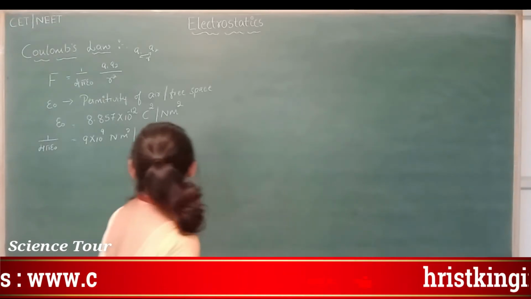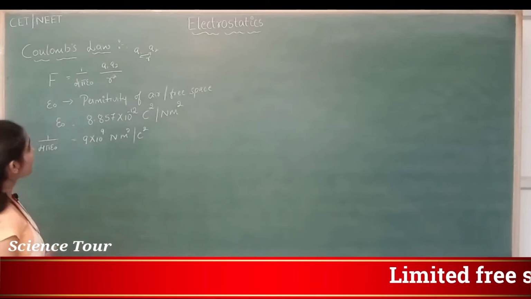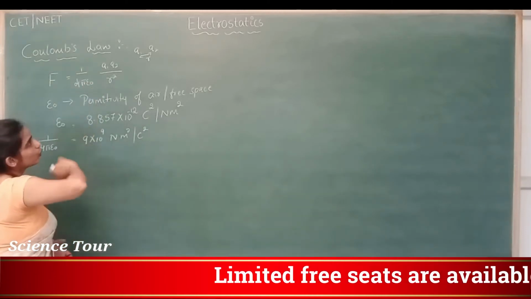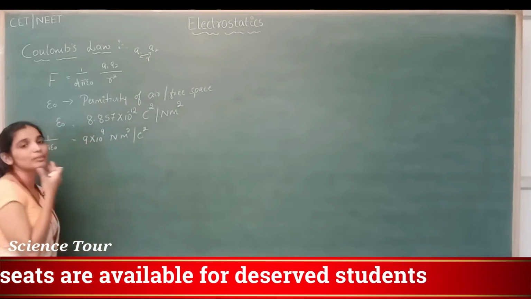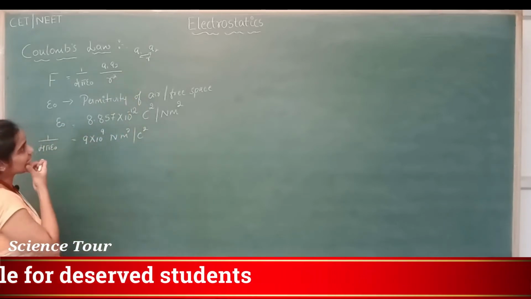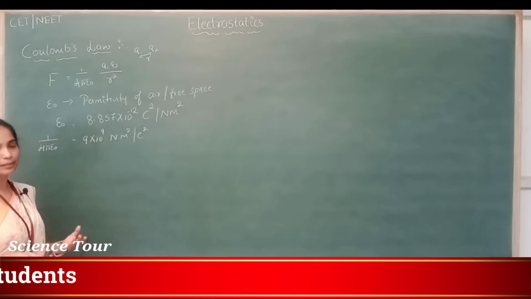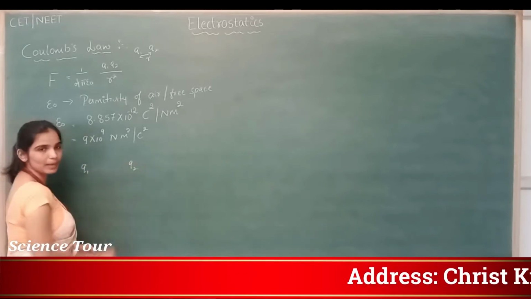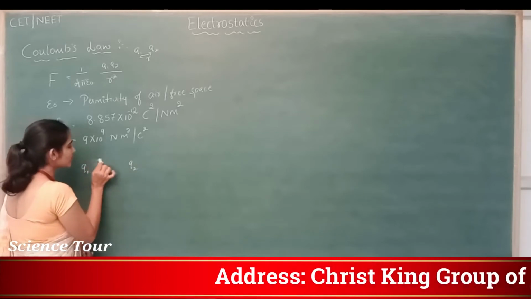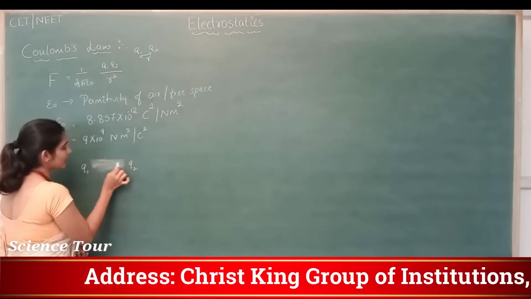Now this is true when these two charges are in free space. Let's say there is some medium between those charges. Q1 is placed here, Q2 is placed here, and there is a dielectric material in between them.